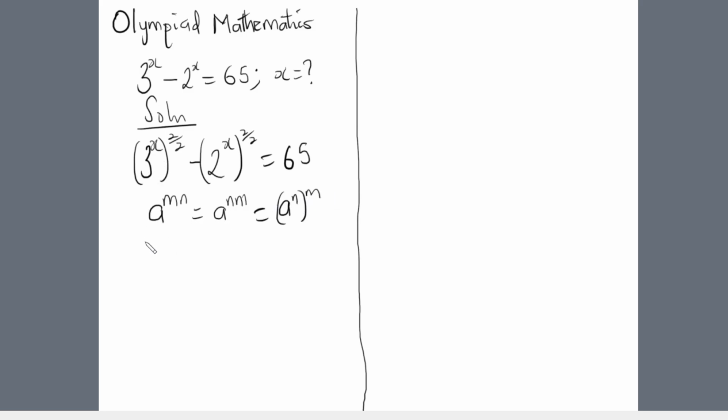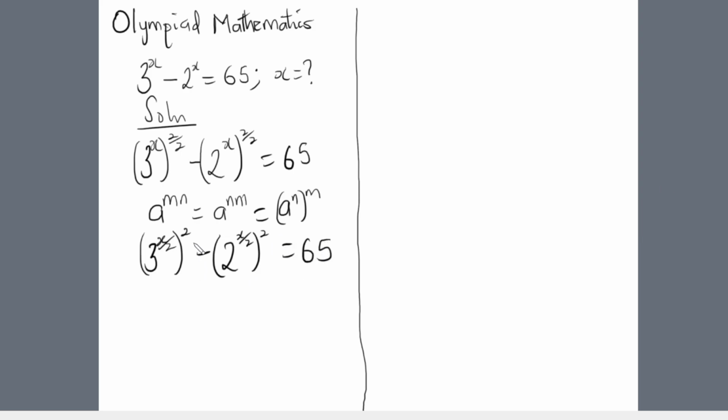So for our question, we have 3 to the power of x, to the power of 2 over 2. 2 over 2 is 2 divided by 2. And I can write that as 3 to the power of x divided by 2, then to the power of 2, minus 2 to the power of x over 2, also to the power of 2. And this equals 65.